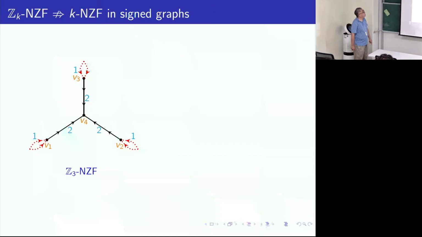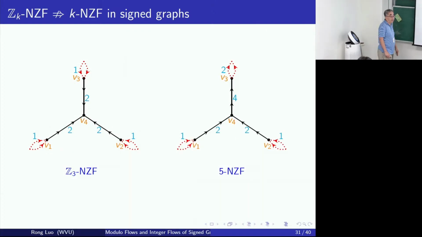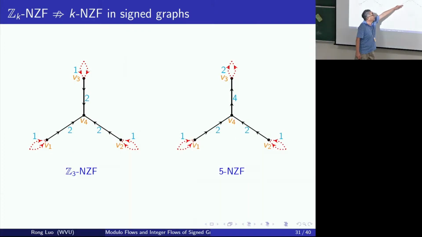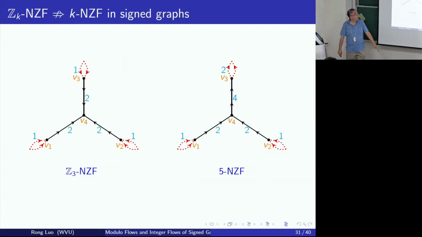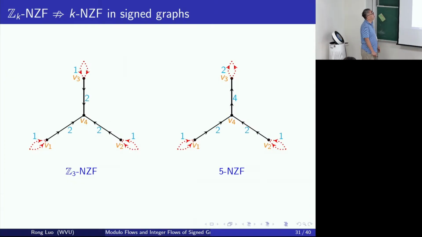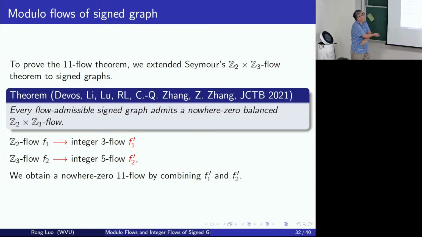But this graph does not admit a nowhere-zero 3-flow. It does not admit a nowhere-zero 4-flow. It admits a nowhere-zero 5-flow. So we have only 5. This graph only has flow index 5. So the modular flow or the Zk-flow is still a very important tool for us.